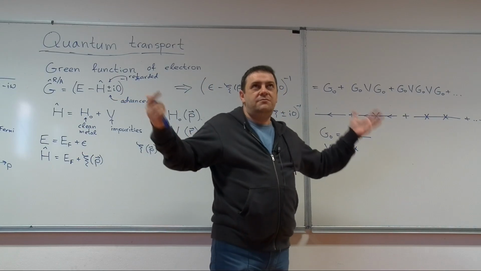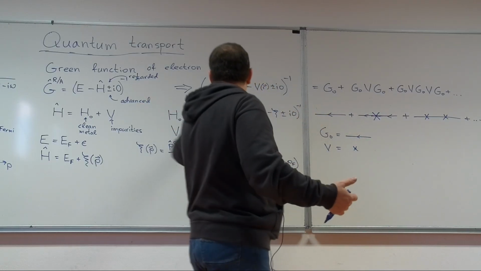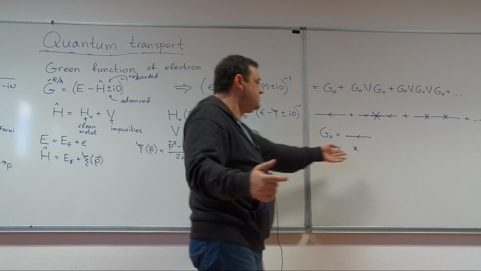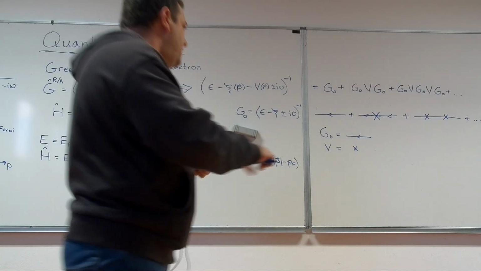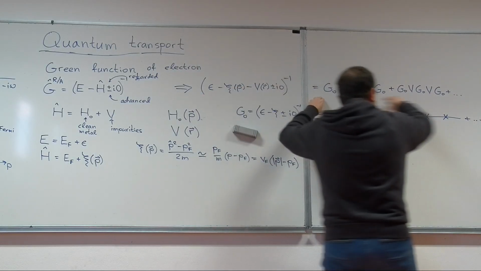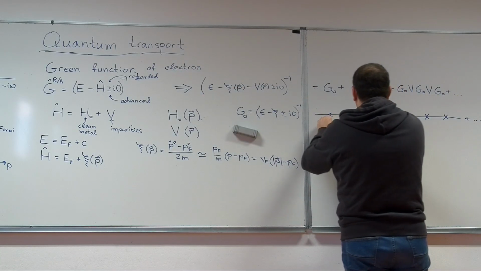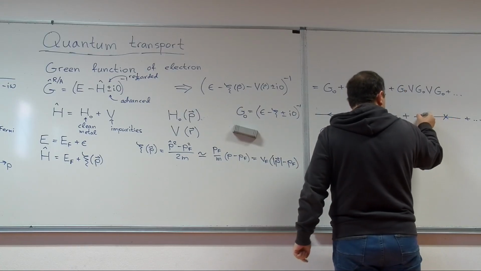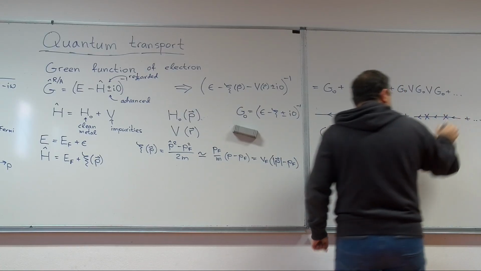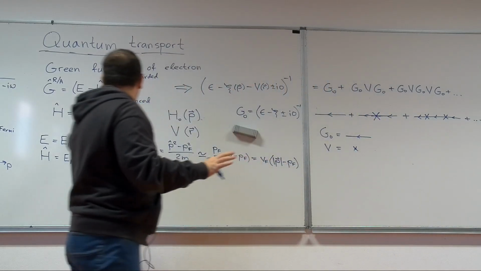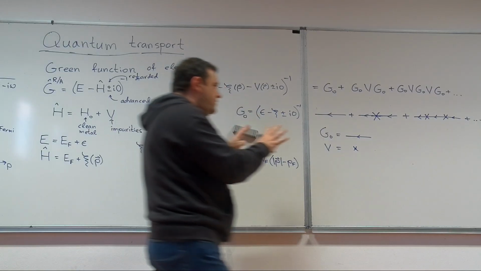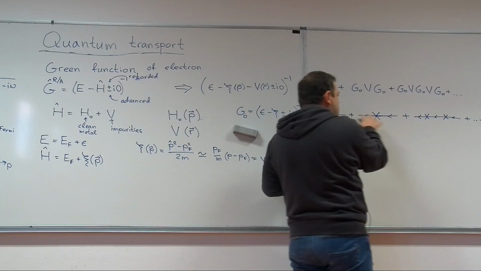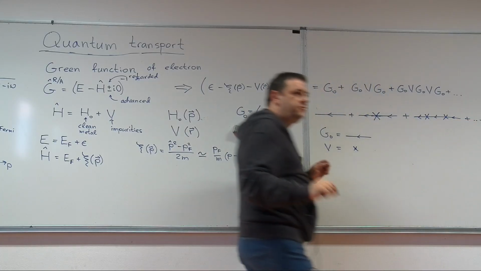V is just a function of R, and it exists only at a given point and doesn't propagate anywhere. I can also put arrows if you like. Both the series and this thing represent the green function of electrons in a disordered metal, in the presence of impurities.